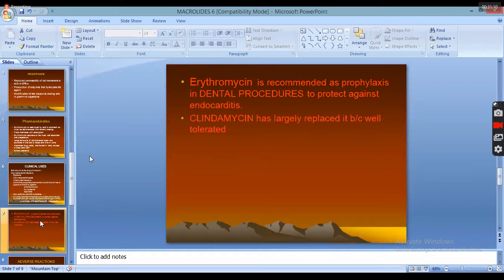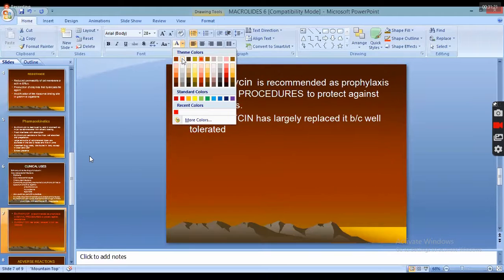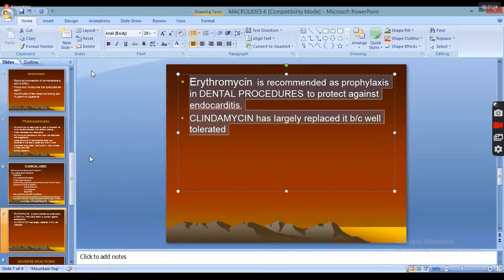Now, as BDS students, you should remember erythromycin is recommended as prophylaxis. Prophylaxis means that before an extraction of a tooth or any deep dental procedures, it should be given as protection, especially in people who have a history of some heart problem, or elderly patients, to prevent or protect against endocarditis.